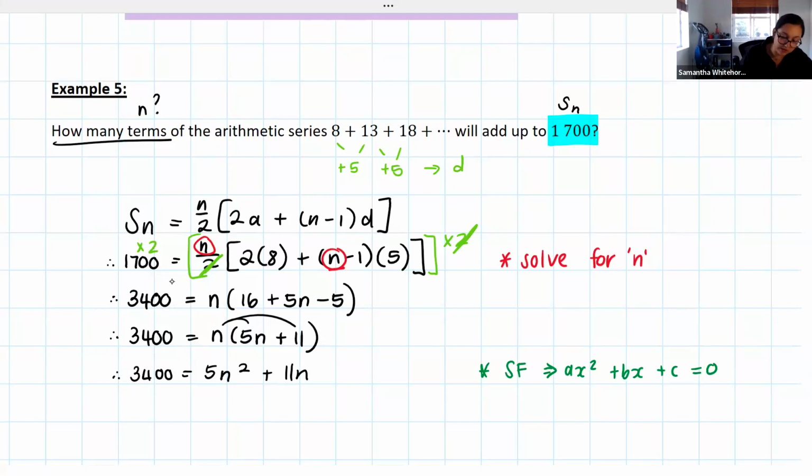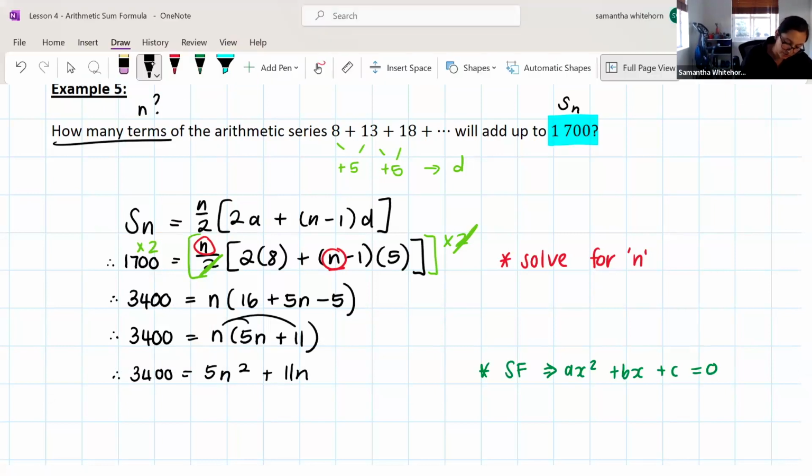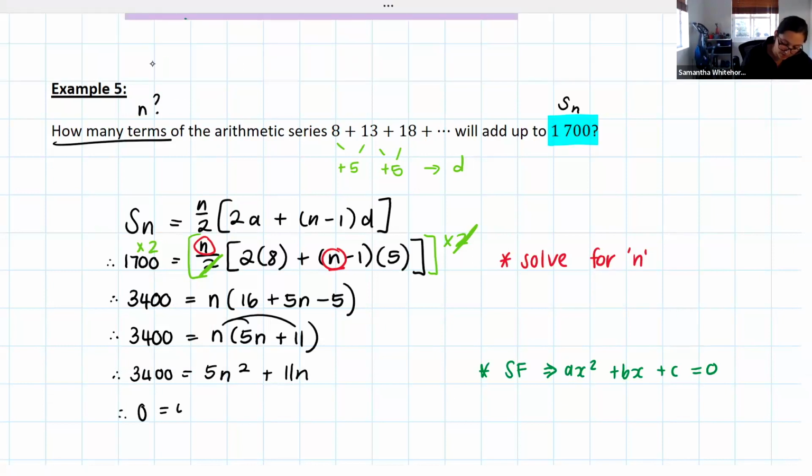So that's what we want to get it to. And so we're going to have to bring that 3,400 to the right. So 0 is equal to 5n squared plus 11n minus 3,400. And now we've got this quadratic equation we can go and solve.